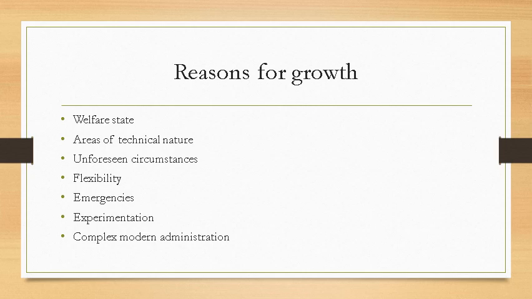You can handle any set of circumstances. Why? Because the delegated legislation is far easier. You don't need to go through the periods of so many discussions to be able to handle it. So flexibility is one aspect. Emergencies, whatever circumstances come our way, they are handled.